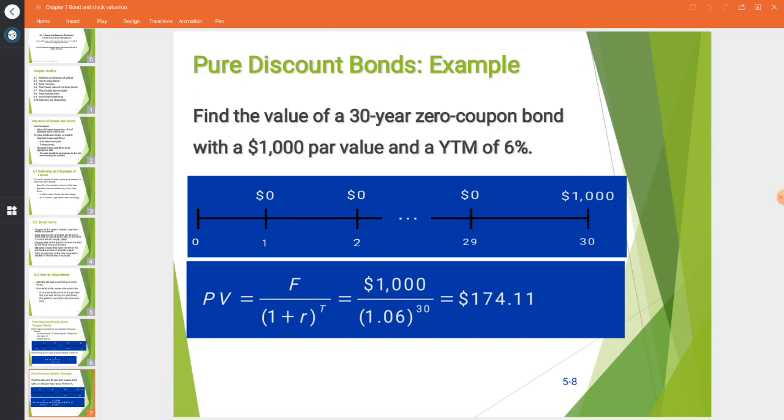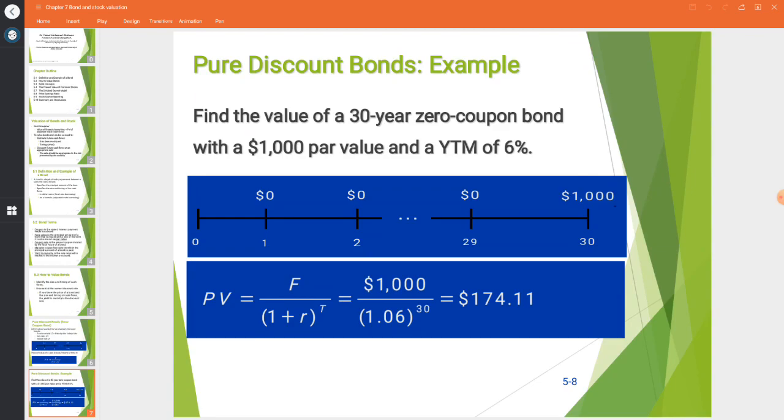As you see, from 0 to 30, at the end of 30 years, we are going to have 1,000 as the face value, but at the end of each year, we don't have any type of coupon because this is a zero coupon bond.